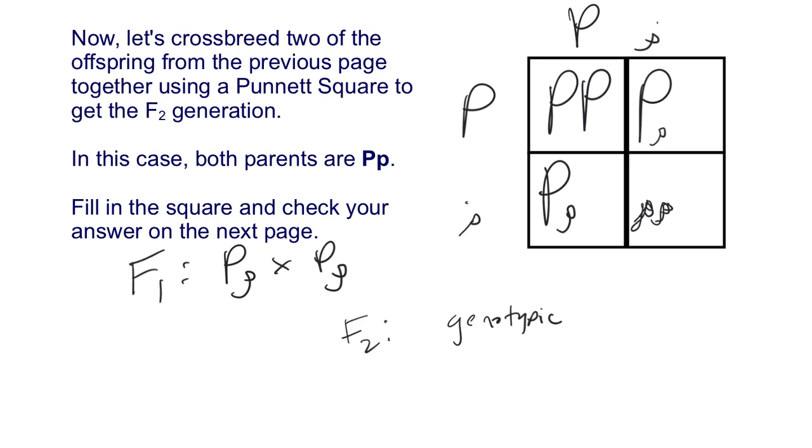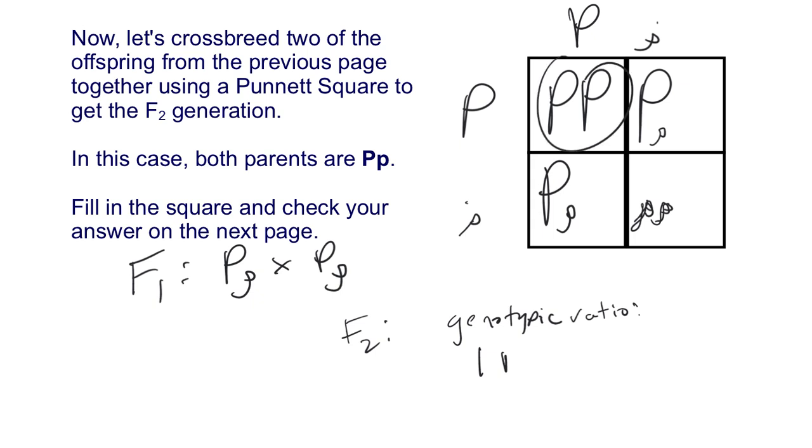The F2 kids will have a genotypic ratio in the offspring of 1 homozygous dominant to 2 heterozygous to 1 homozygous recessive. Let's do it with words instead of symbols.